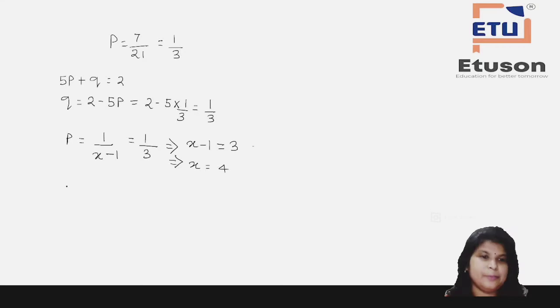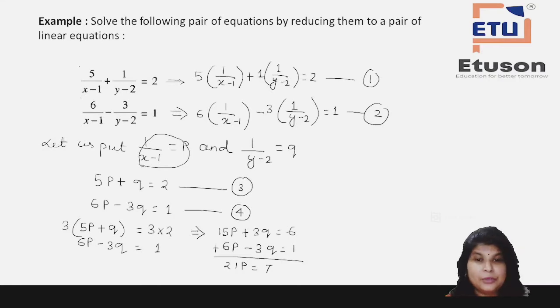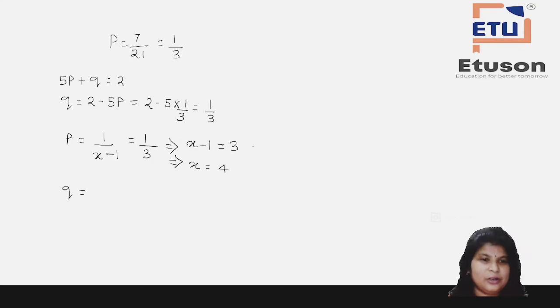Correct or not? Similarly, you remember what I had taken for q? In the previous slide, q is equal to 1 divided by y minus 2. Correct or not? So let us write down the same here. q is equal to 1 divided by y minus 2, that is equal to 1 by 3.